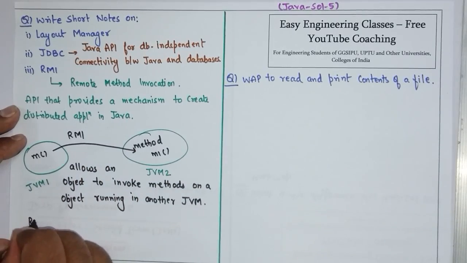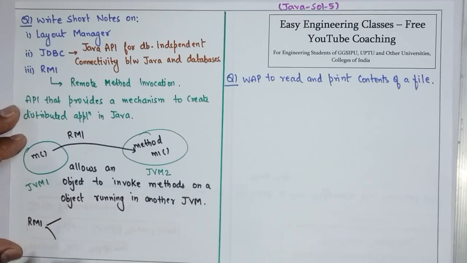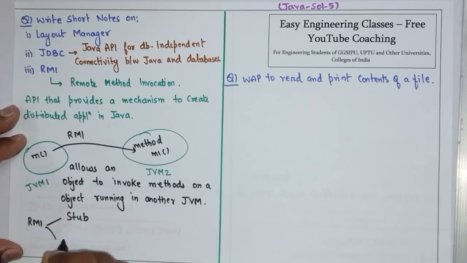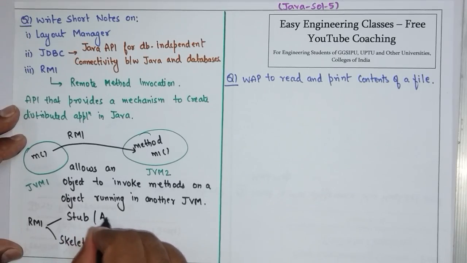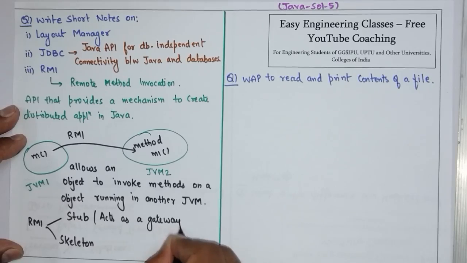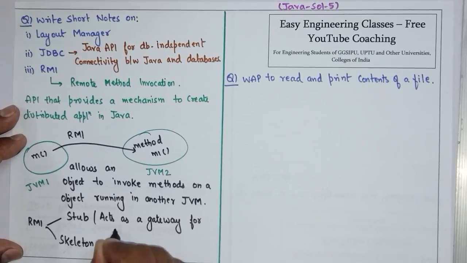RMI में दो डिफरेंट ऑब्जेक्ट्स हैं. फर्स्ट इज स्टब. RMI में एक स्टब होता है और एक होता है आपका स्केलेटन. स्टब एक्ट एज ए गेटवे फॉर क्लाइंट, whereas skeleton acts as a gateway for server.